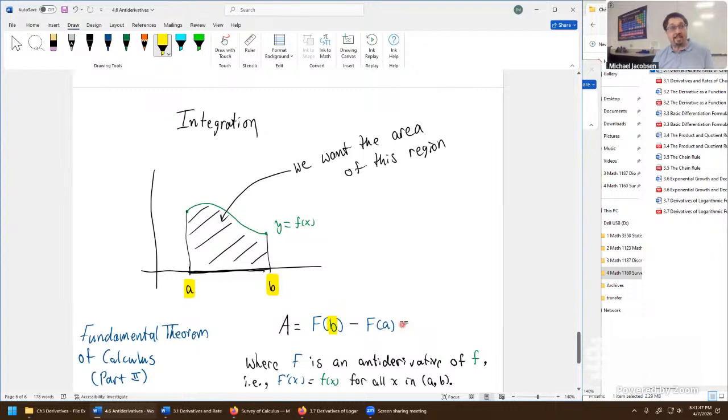This is a pretty wild fact, a pretty amazing achievement of mankind coming up with this particular idea. And this is the sense in which finding area, integration, and differentiating are said to be inverse processes.